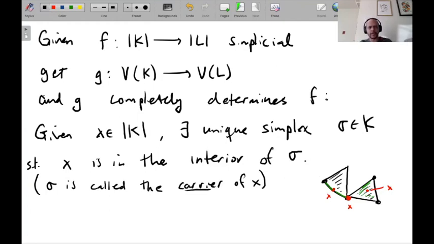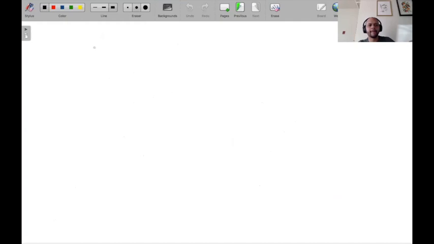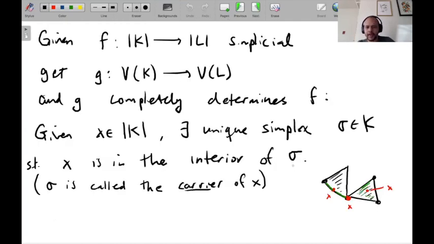But okay, so what that means is we can write x as a linear combination. So x is in the geometric realization, and I should have said the geometric realization of sigma.